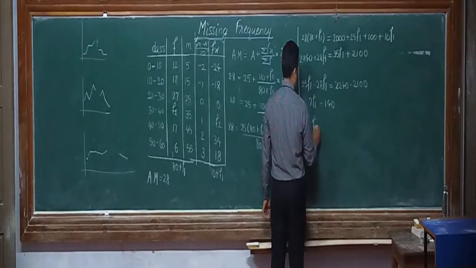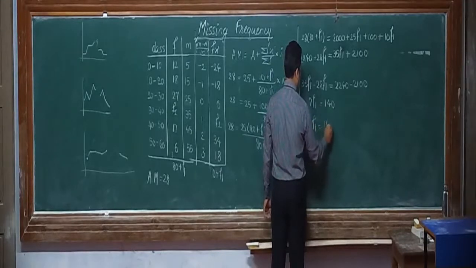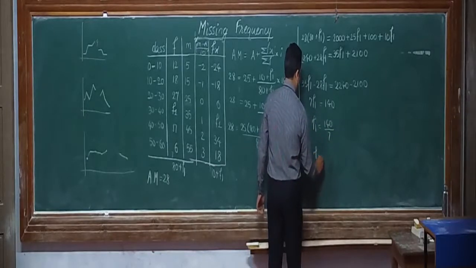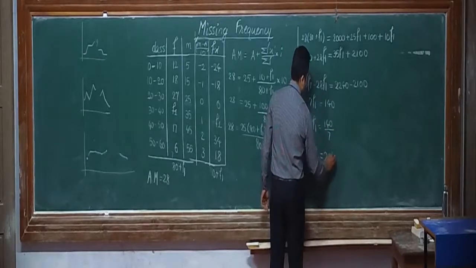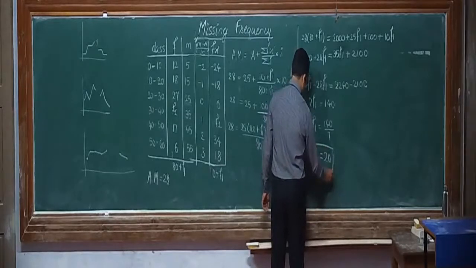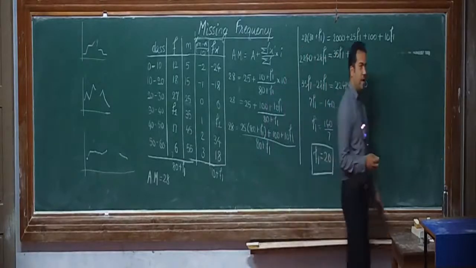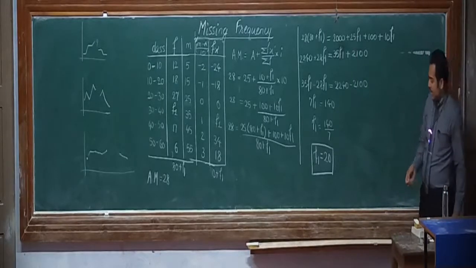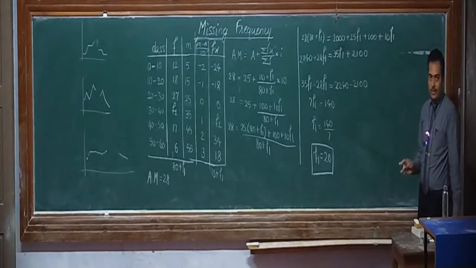Therefore f1 gives you 140 divided by 7, and then f1 gives you 20. So finally we have calculated the value of the missing frequency as f1 is equal to 20.